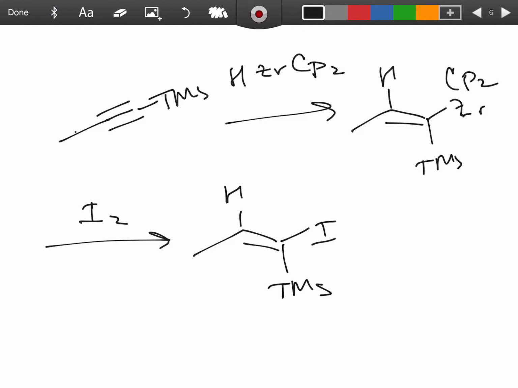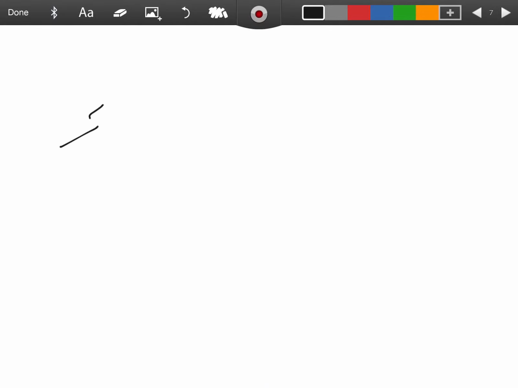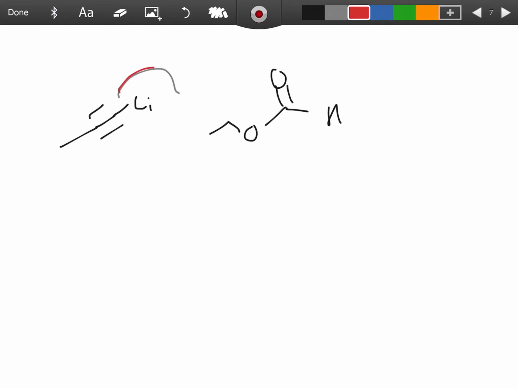The ester that they use is a formate ester, so it's an ester that you get from formic acid. Right, so you have this ester, and then it adds.